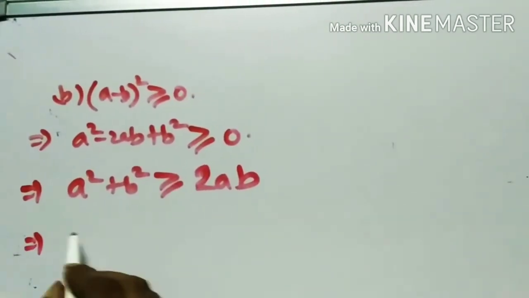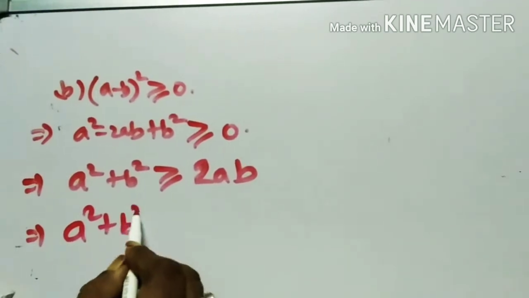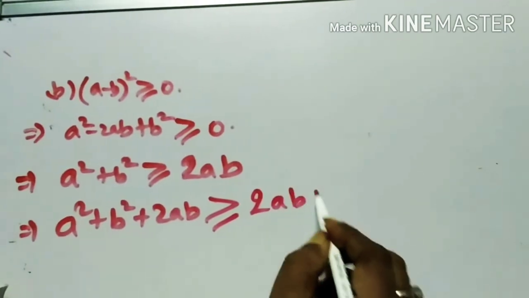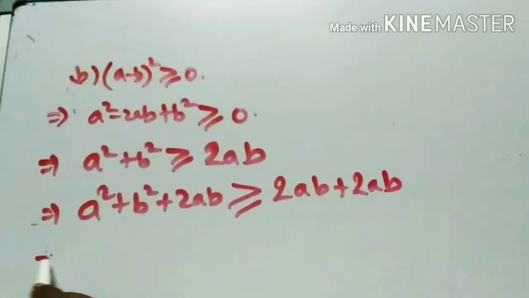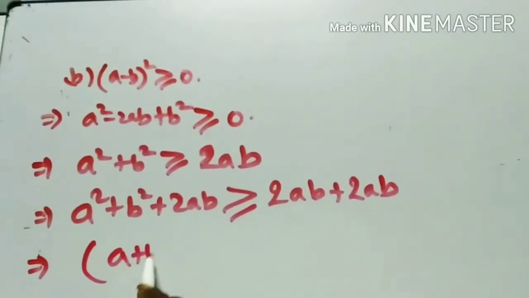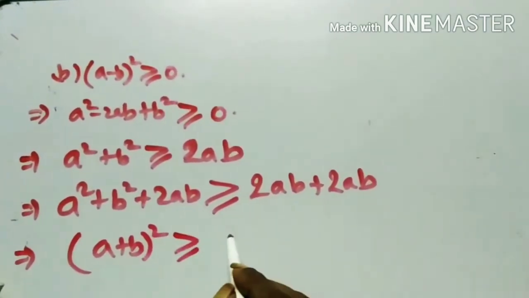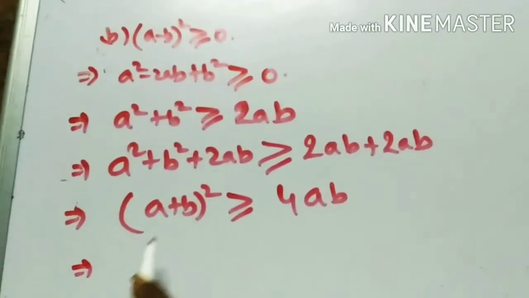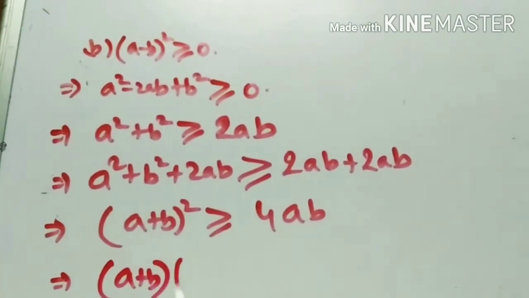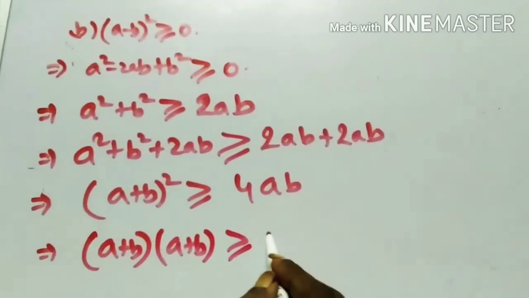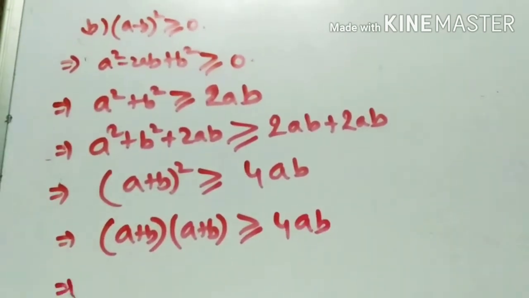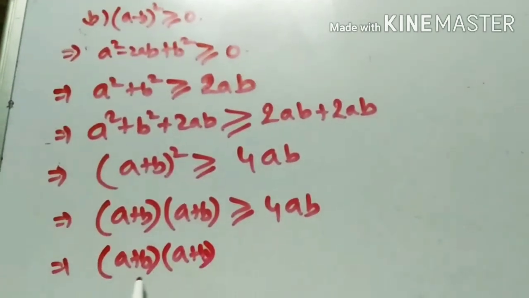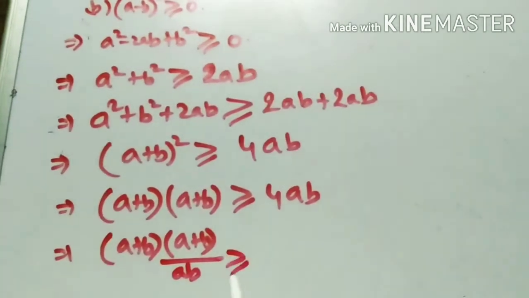So again adding 2ab both sides, a square plus b square plus 2ab greater than or equal to 2ab plus 2ab. So here again this will become a plus b the whole square greater than or equal to 4ab. So I can write this like a plus b into a plus b greater than or equal to 4ab. So I can write this like a plus b by ab greater than or equal to 4.